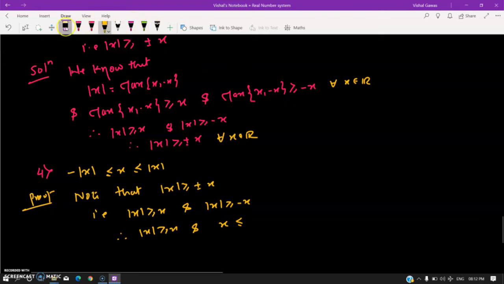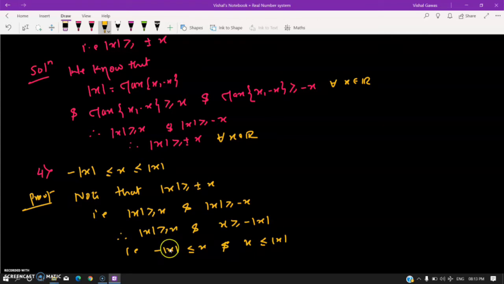So what we get is x in this case would be bigger than or equal to negative of mod x. That is, minus mod x is less than or equal to x, and x is less than or equal to mod x.